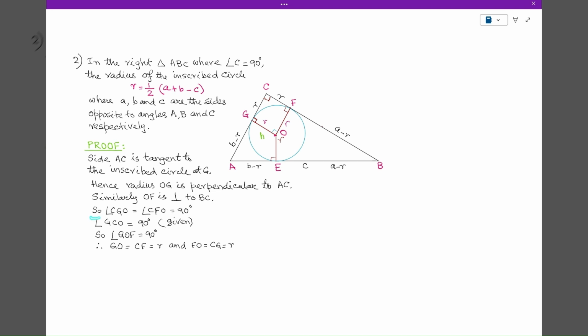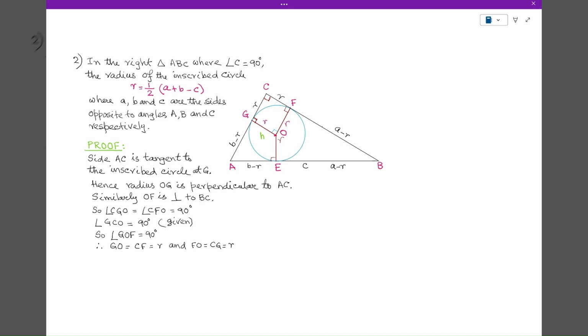Therefore, angle CGO is equal to angle CFO is equal to 90 degrees. This angle is 90 degrees and this angle is 90 degrees. It is given that this angle is 90 degrees already. Therefore, this angle is also 90 degrees.